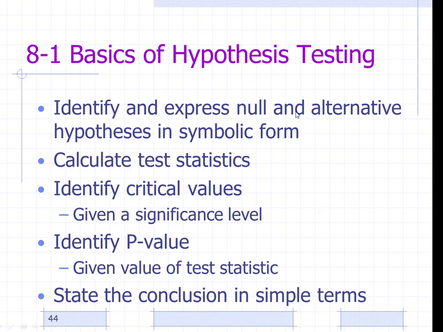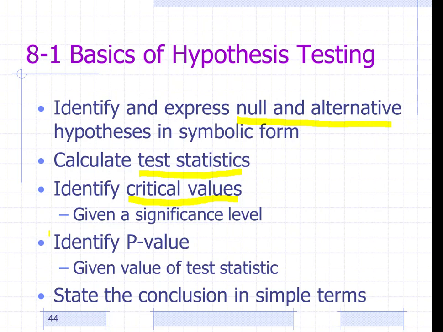So in this section, we're going to talk about the null and the alternative hypotheses. We're going to talk about test statistics. Before we had such easy access to technology, we found critical values, which were the borders, the limits. If it was beyond the critical value, we had strong evidence. If it didn't get to the critical value, we didn't have strong evidence.